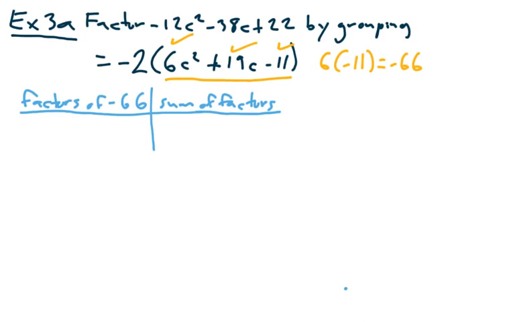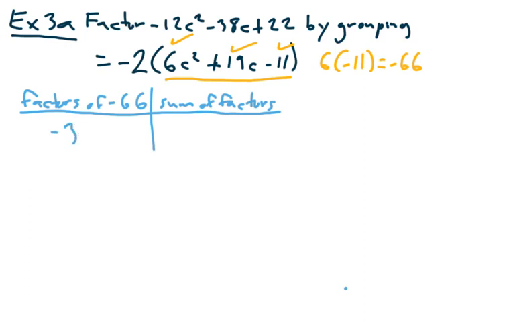But if you look at that and see in your head, negative 1 plus 66 is not going to be anywhere near 19, and you want to skip that, that's fine. You might feel comfortable doing that, and maybe try 2. You'd want to look at negative 2, and that would give me negative 2 and 33, and that's still pretty far off when you add them up, so just kind of skip over that.